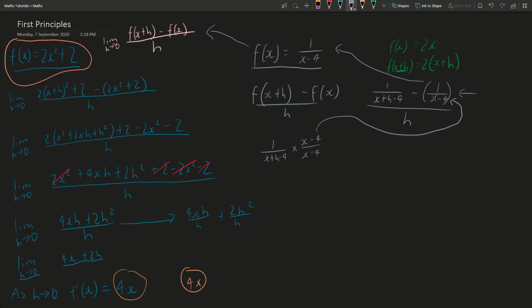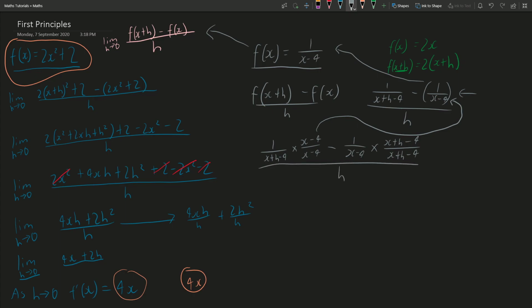Then we do the same thing on this side, 1 on x minus 4, and we multiply that by the first one now, which is x plus h minus 4 over x plus h minus 4. And that whole thing is over h.